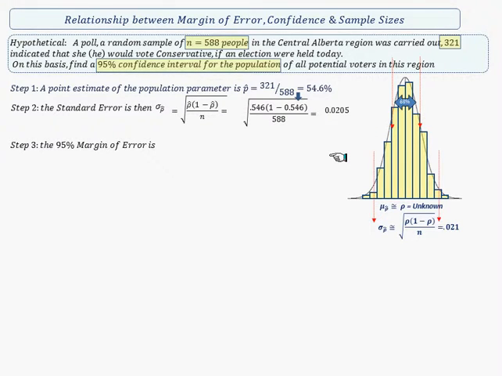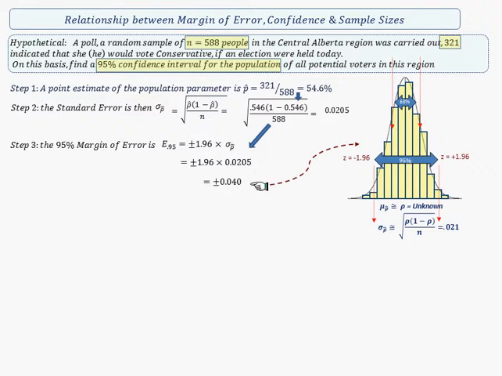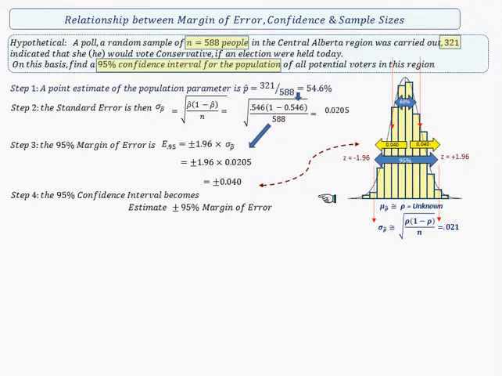The 95% margin of error then is your z-score, 1.96, times your standard error, giving us a margin of error of 0.04, and that's represented here on the screen in the yellow. Now the confidence interval becomes as follows. We're saying that p hat has a 95% chance of being somewhere in this interval, so we'll place it in there.